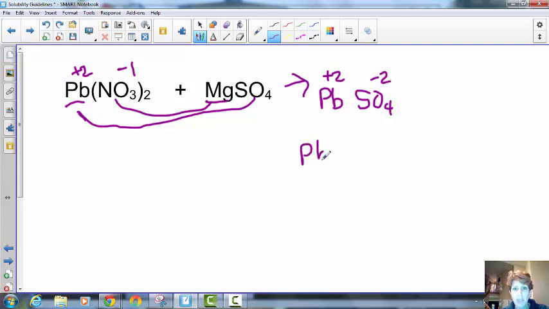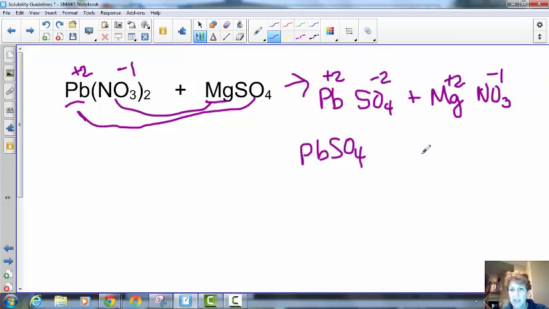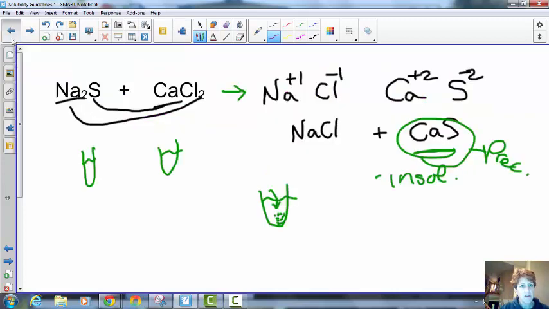So PbSO4 will be my one compound. And my other compound, Mg, is a group 2, so I put a +2 charge on it. NO3 is a -1. So this would form Mg(NO3)2, magnesium nitrate. So now I need to go back to my table and look these up. So here I go.